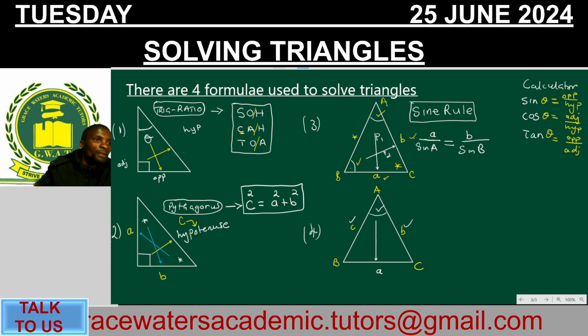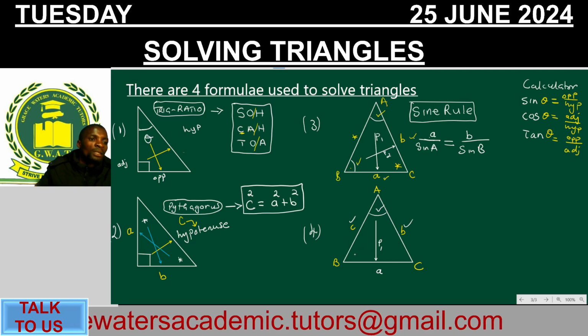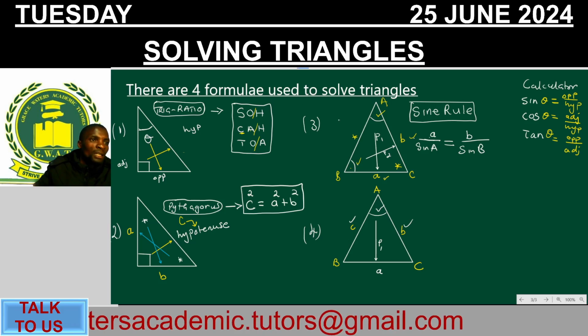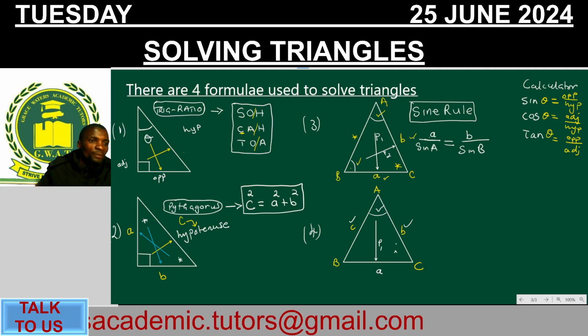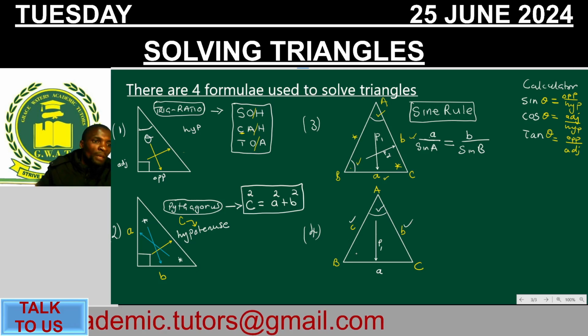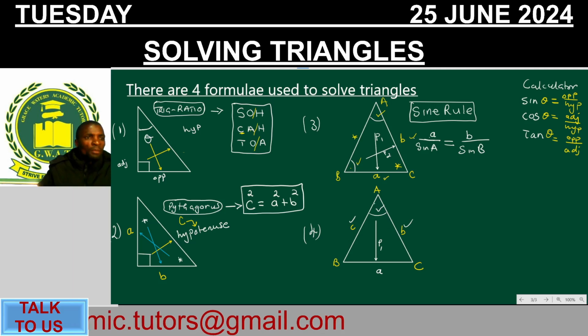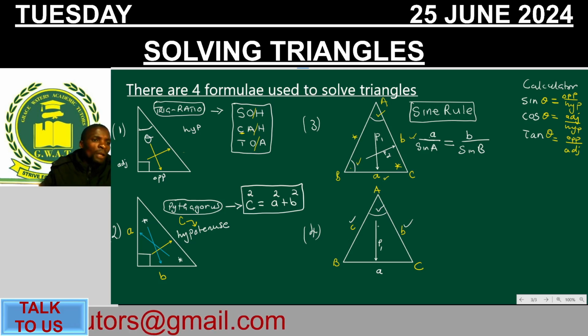The second pair is not there, because we can't say that C has got a pair because there is no angle C here. And we cannot say B has a pair because there is no angle B here. So what can we do when the pair of corresponding components is only one? We use what you call the cosine rule.